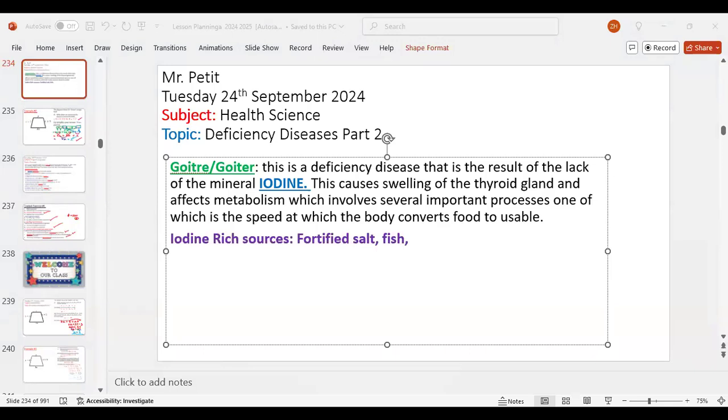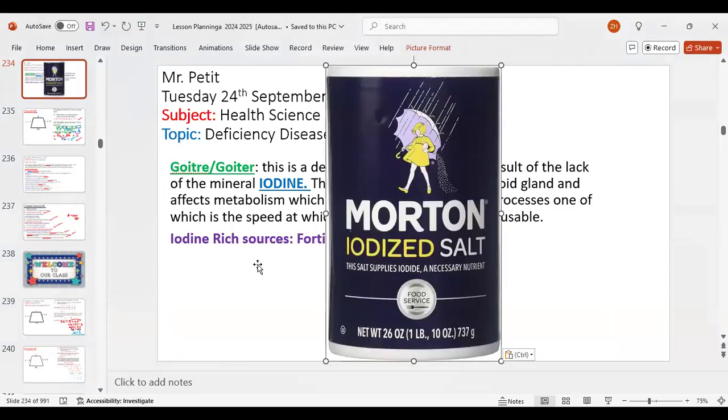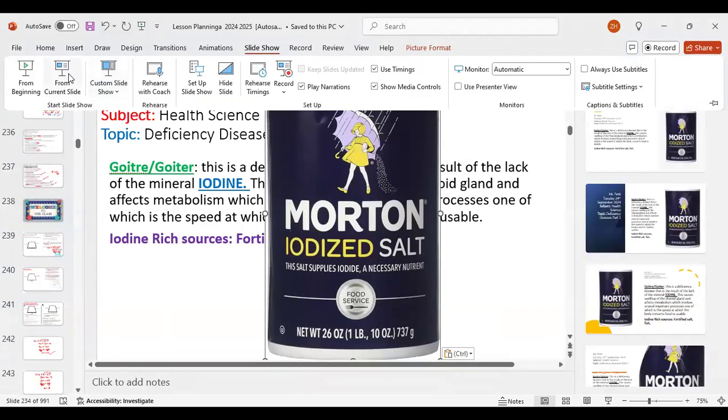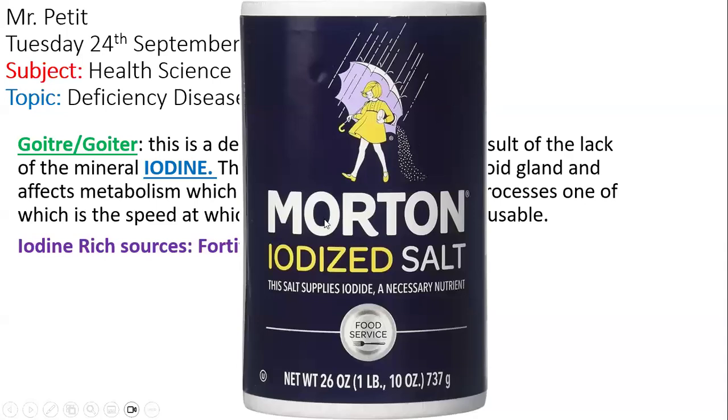So if you get the iodized version, it's the same one. I want you to read this one. Now notice what it says. Read the heading first. Read the big bold one. What does it say? Morton iodized salt.